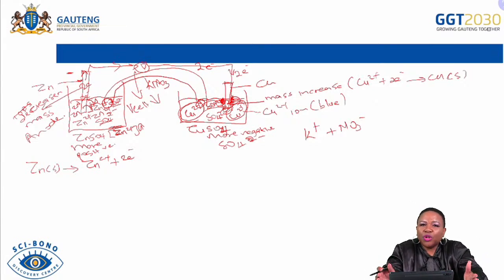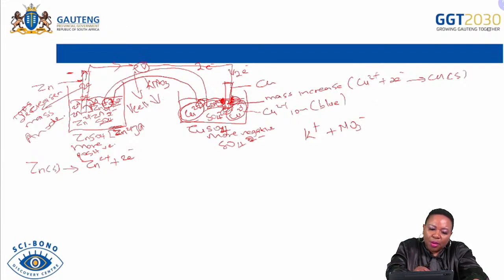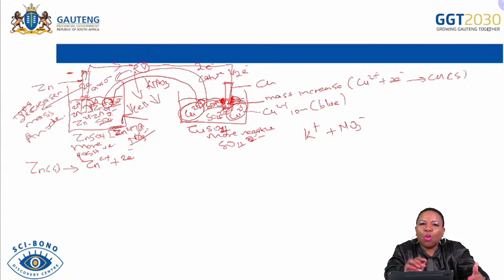So our salt bridge comes to the rescue of the two half cells and says, because you are becoming more positive, I will send my nitrate ions. The salt bridge will transfer the anions where the cell becomes positive, and the cations where the cell is more negative, to try and neutralize that cell.